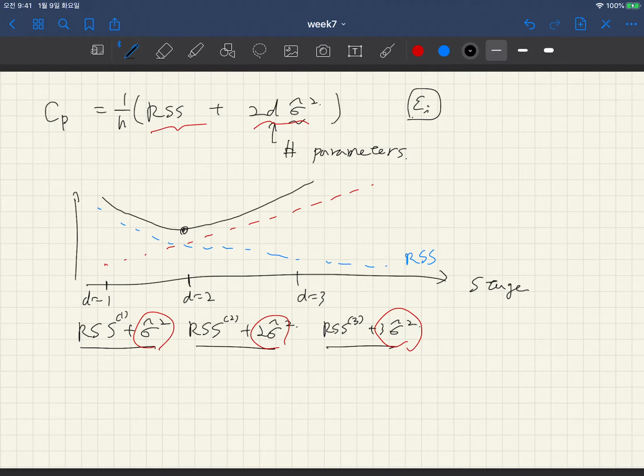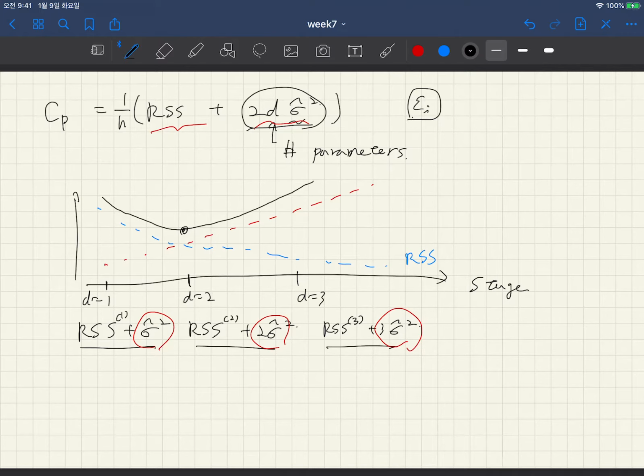If you just use the RSS value, you definitely go to the full size of input predictors because RSS always decreases. So Cp introduced this additional term which takes into account the size of your input predictors, and this linearly increasing part makes a U shape in the Cp curve, and from that you can find a nice subset size.